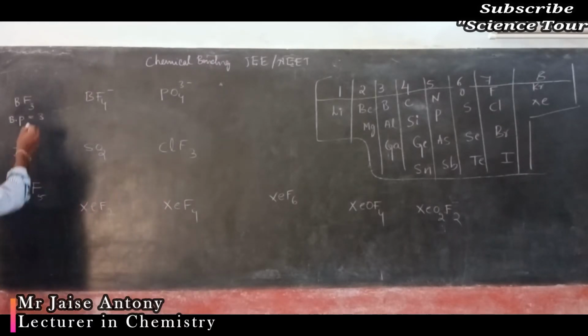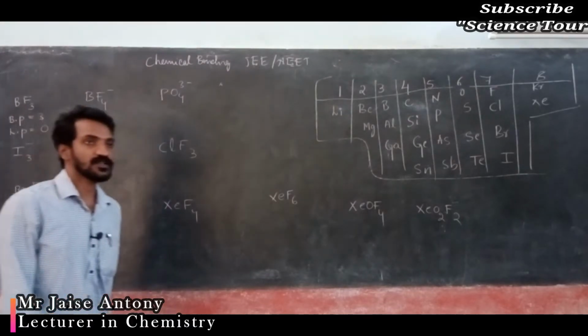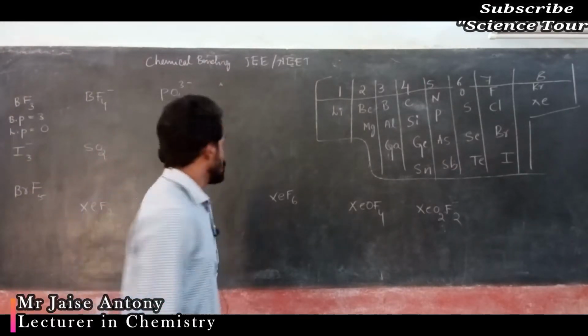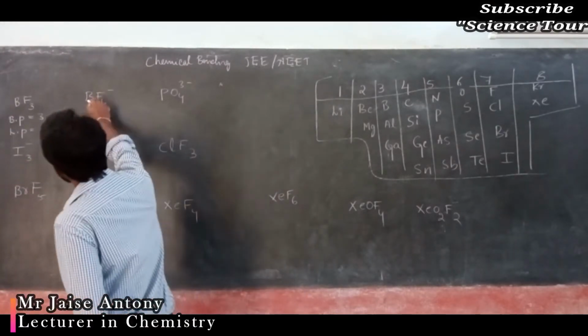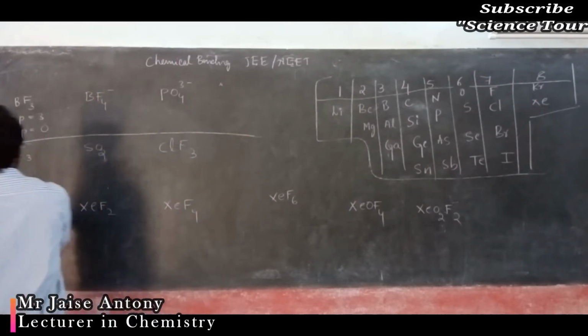Is there any lone pair of electrons left? Only 3 valency electrons are there and they form 3 bonds, so the lone pair, LP, I will write, is 0. Next, my dear students, I will put a line here, otherwise you will get confused.